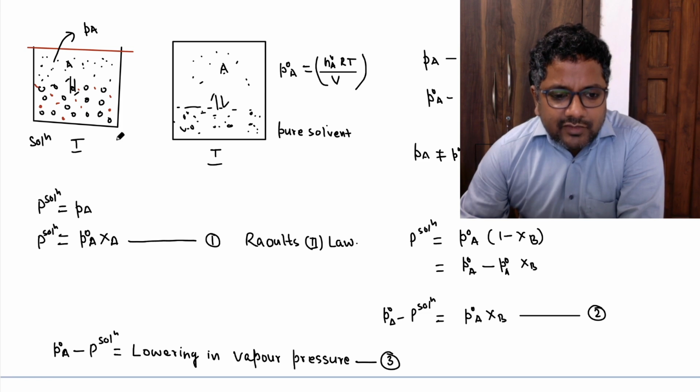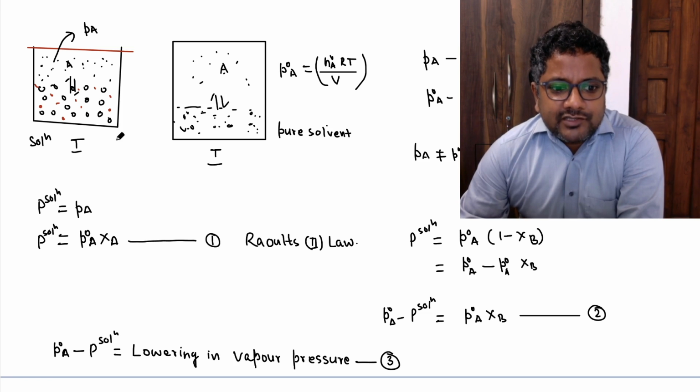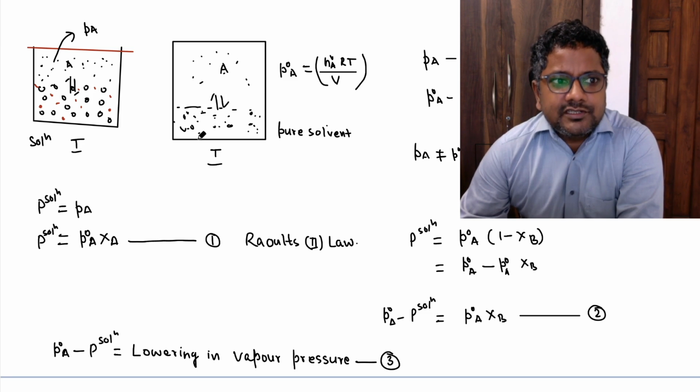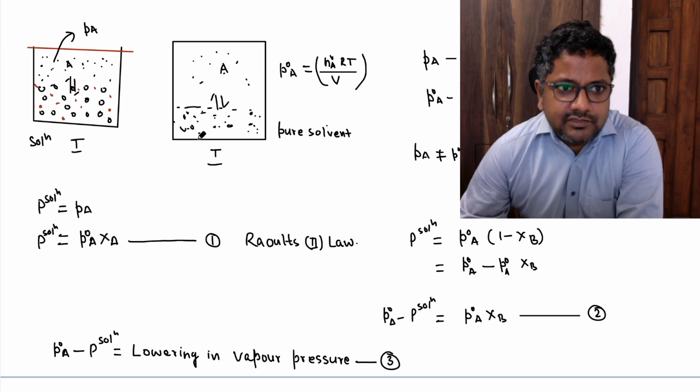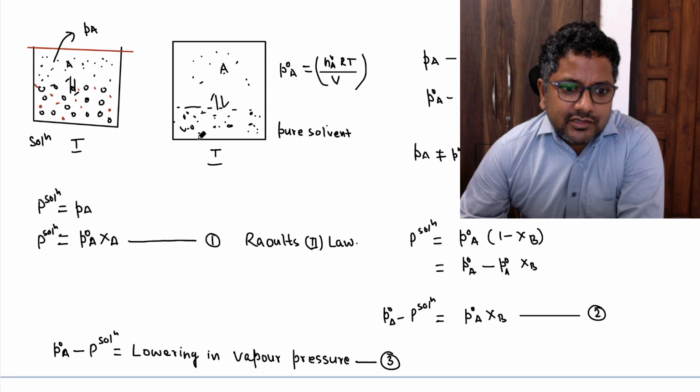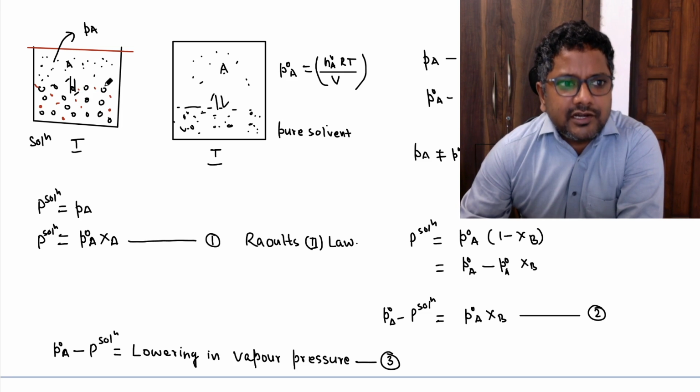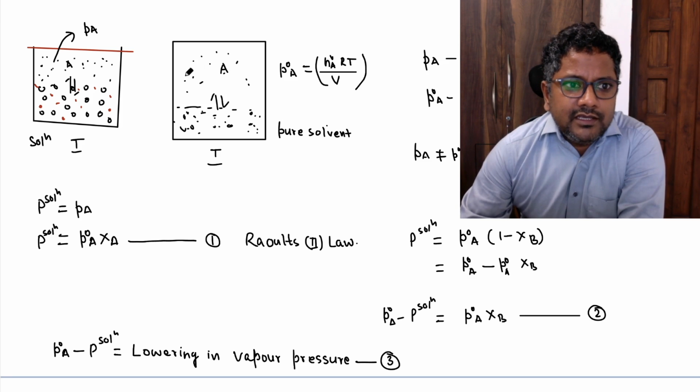Right from the beginning we have known that vapor pressure mainly depends on temperature, and temperature is the same, and one or two other factors like presence of some inert gas or pressurization of the solution, and this is not the case here. Nowhere have we studied that vapor pressure depends on surface area. If there is no interaction between A and B, there would be no chance of reduction in the number of molecules of A in the vapor phase.